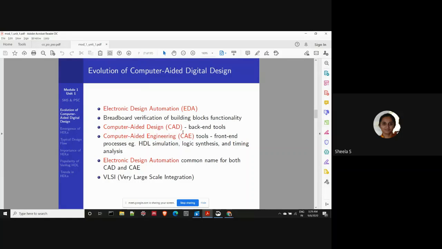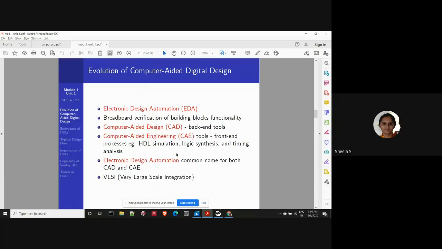In common, we call CAD as well as computer aided engineering as electronic design automation, because using both front end and back end only can we design the IC through this automation process. That is why commonly we call these two electronic design automation.